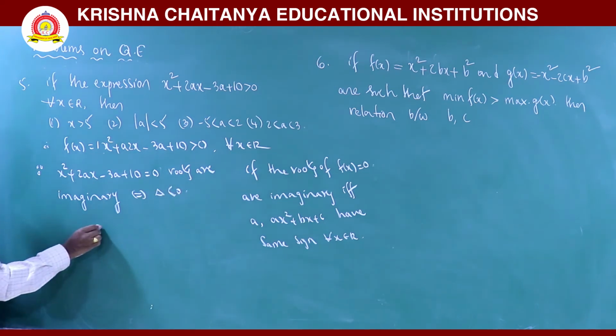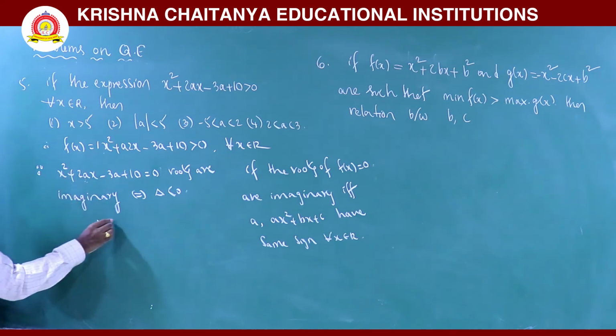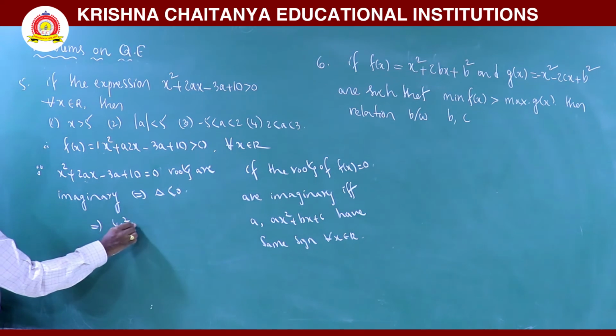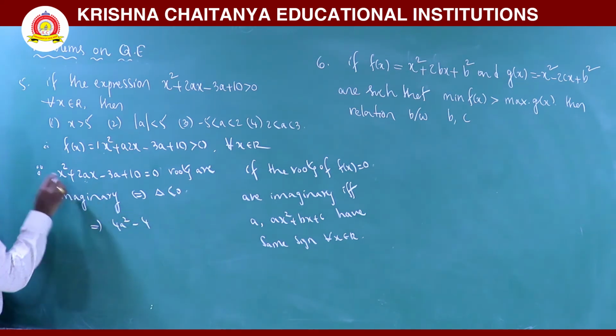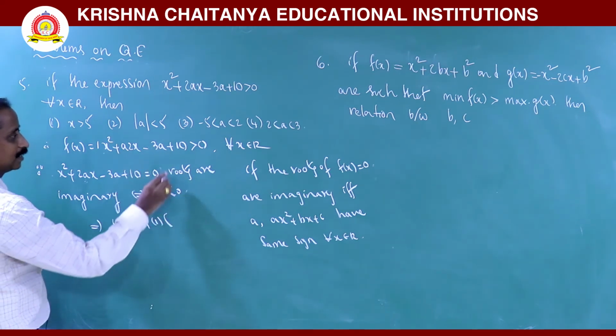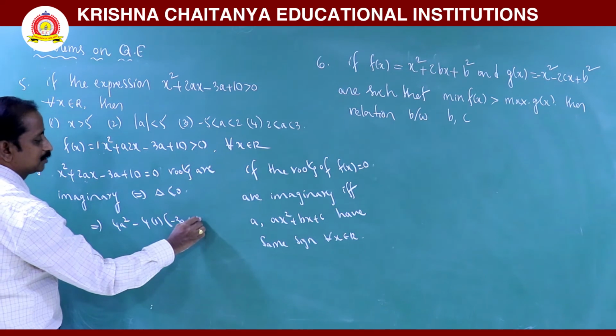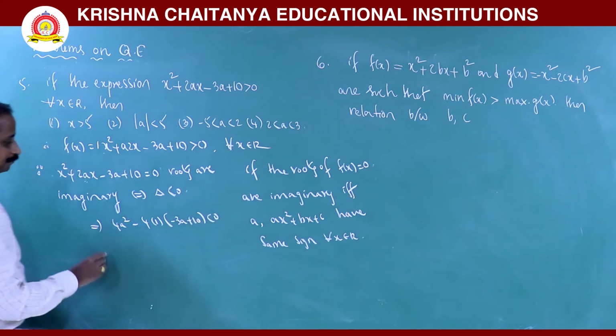So what is delta? b square minus 4ac. Here b is nothing but 2a, so 4a square minus 4 into a value 1 into c value, nothing but 10 minus 3a, otherwise minus 3a plus 10, less than 0.